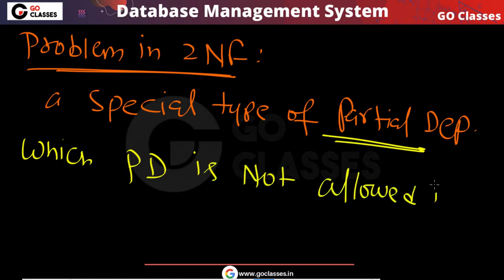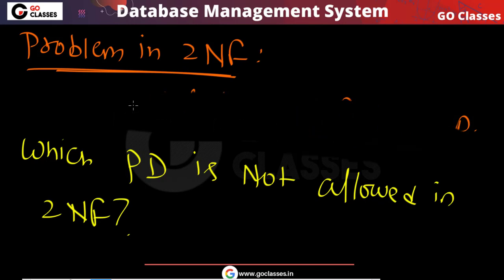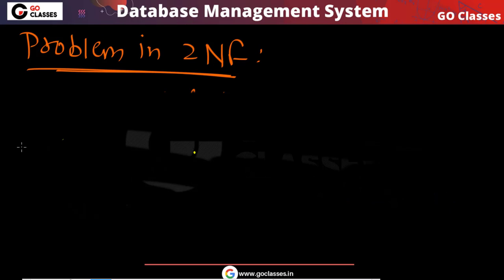So which partial dependency is not allowed in 2NF? The answer is very simple: the partial dependency in which a non-prime attribute is partially dependent on some candidate key.